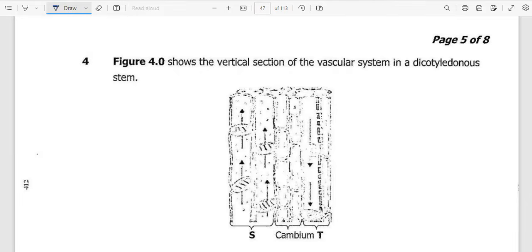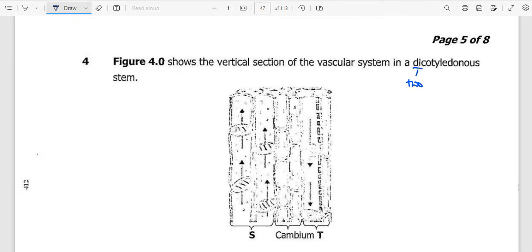Okay, so figure 4.0 shows the vertical section or vascular system in a dicotyledonous stem. So this is a dicotyledonous stem, meaning that di means what? Means 2. So this is a stem here.